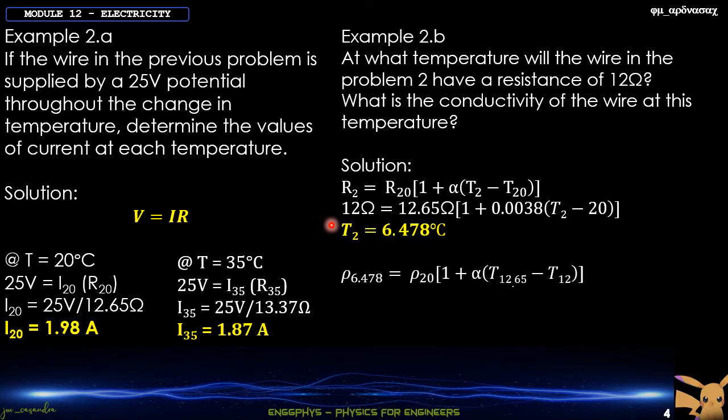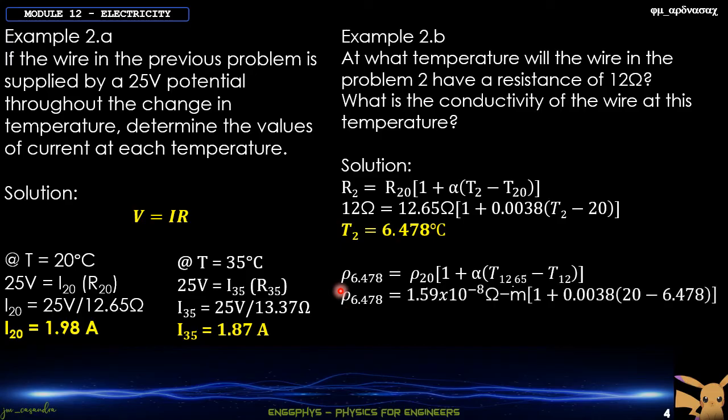Okay? So that will now be rho at the second temperature, 6.478, is equal to the rho given at 20 degrees multiplied by 1 plus alpha times the temperature at 12.65 minus the temperature at the 12 ohm resistance. So, we all have our values required to solve for the rho at temperature 6.478 degrees. So, we just substitute our values in the equation.